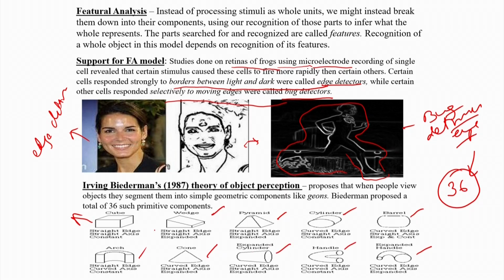I am showing you some of them, but there are different geons available, and these are the primary geons, the geometrical ions which are required. Most visual fields, most interpretations, most perceptions that we have are actually a combination of these geons.